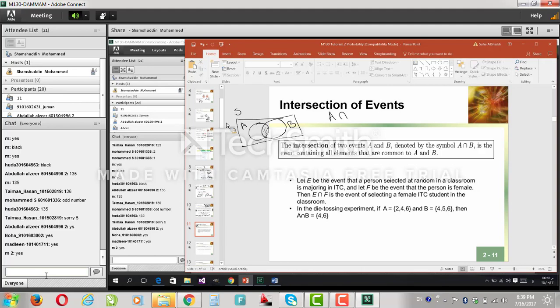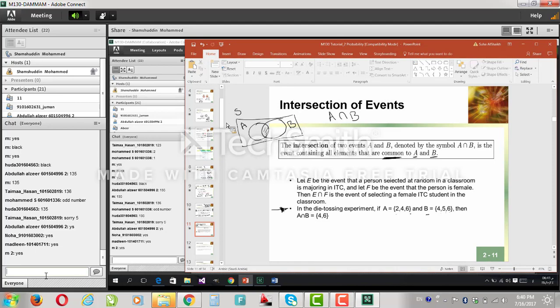The intersection of events A and B is referred to with the symbol A ∩ B. These are all the points that are shared between A and B, all the points that are common to A and B. For example, the event A is getting 2, 4, and 6.